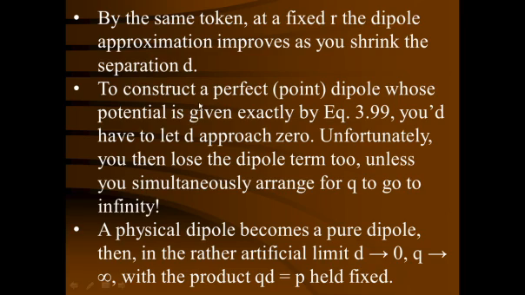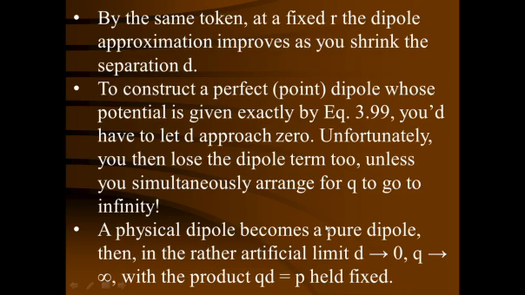To construct a perfect dipole whose potential is given exactly by equation 3.99, you do have to let d approach 0. Unfortunately, you then lose the dipole term too, unless you simultaneously arrange for q to go to infinity.